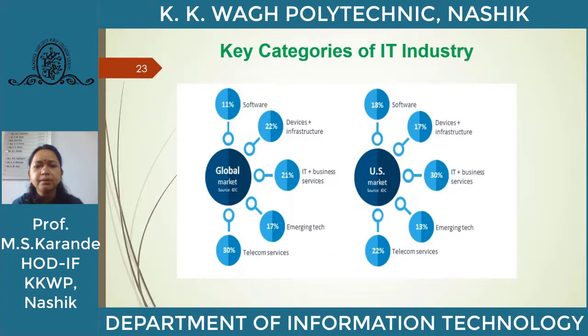Emerging technologies means, nowadays, AI is coming up, artificial intelligence. Then telecom services are there. So these all come under the different categories of the IT industry. And you can see from the percentages the global market and the US market, and the same thing is applicable in most countries.